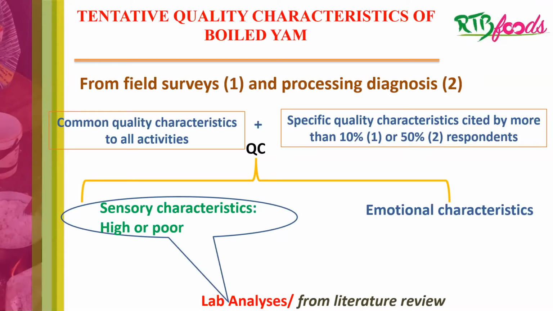We have a common quality characteristic that we get from all study, all activities, and we have static quality characteristics cited by more than 10% in the case of field survey, and more than 15% respondents in the case of processing dances. In the methodology, only the sensory characteristics were addressed for lab analysis.